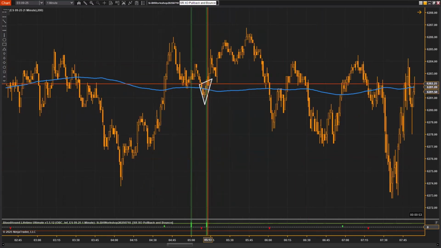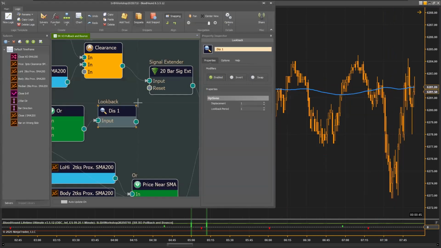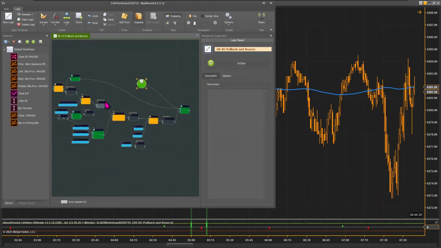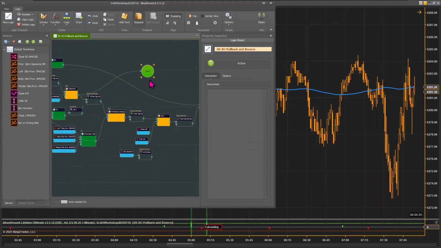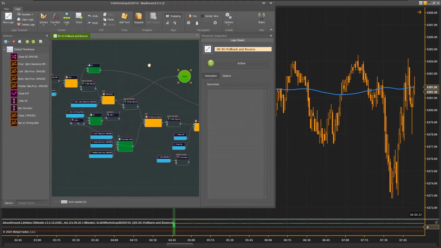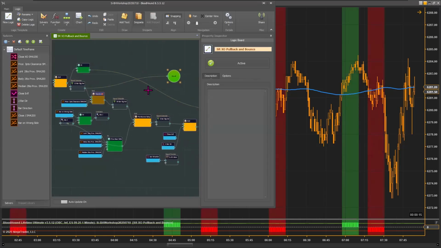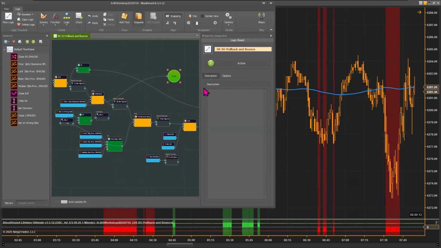There's that signal that we did get rid of. So we fixed that one. I wouldn't be surprised if we did have an erroneous long signal there as well. Let's connect that. Oh, okay. So there we go. We just didn't have the clearance. We didn't have 3 points of clearance.